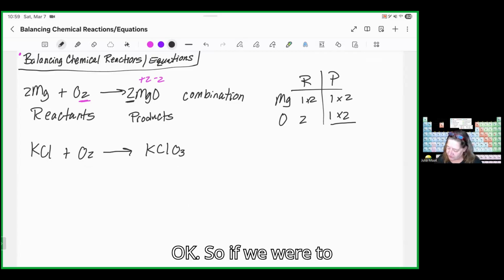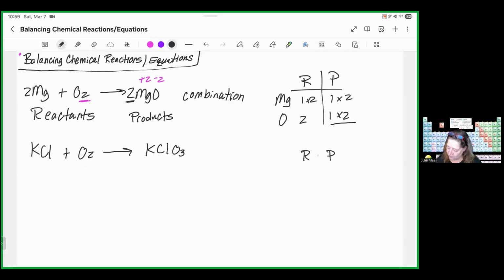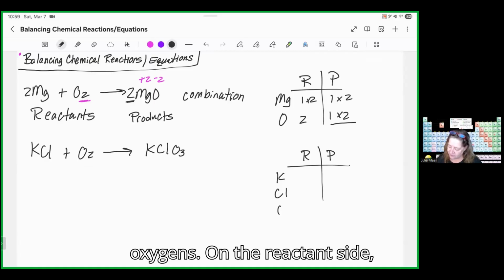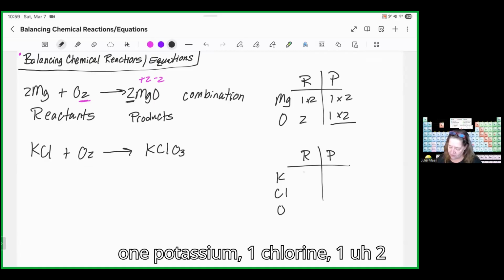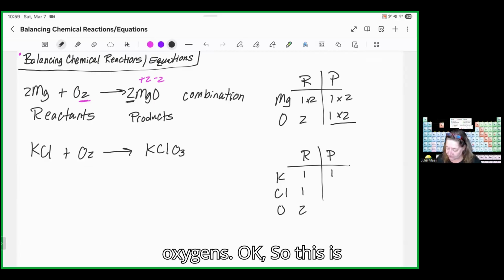If we were to do our reactants and products here, we have potassiums, chlorines, and oxygens. On the reactant side, one potassium, one chlorine, two oxygens. On the product side, one potassium, one chlorine, three oxygens.